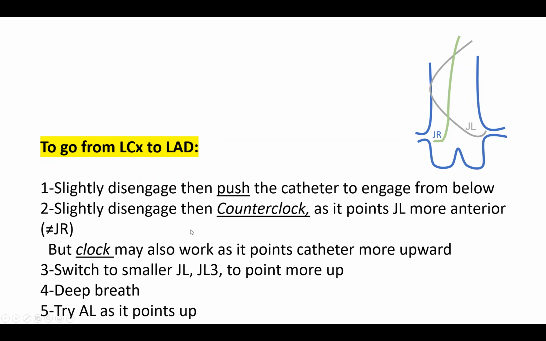So you can try, but look, my experience, despite all the nice theory, those 2 often don't work, neither counter nor clock. So number 3, the most important one, is to switch to a smaller Judkins left to point more up. Number 4, and I want you to know that, is taking deep breath. And number 5 is try Amplatz left. And I will elaborate on that in a little bit.